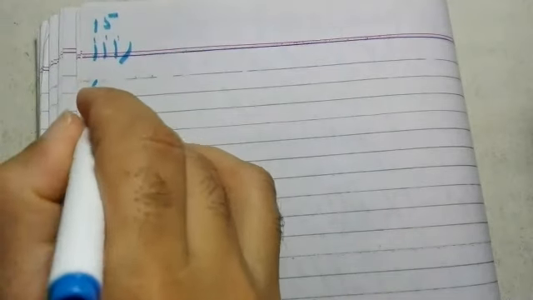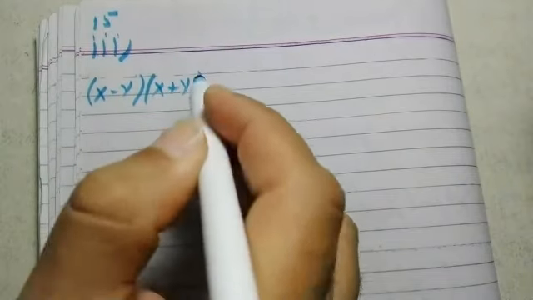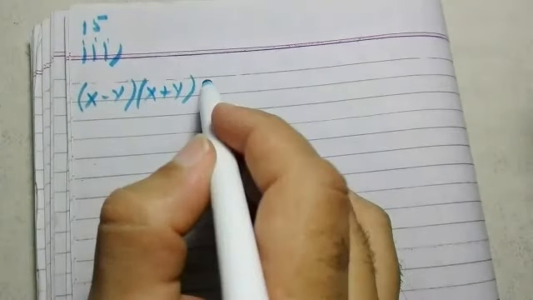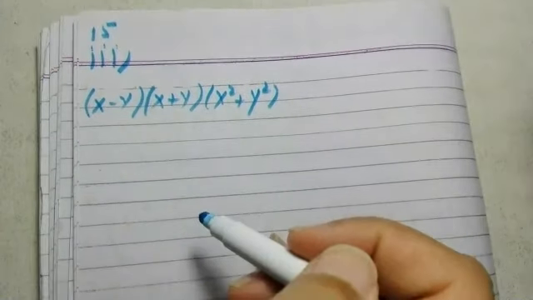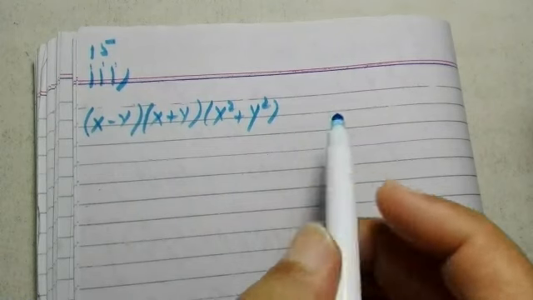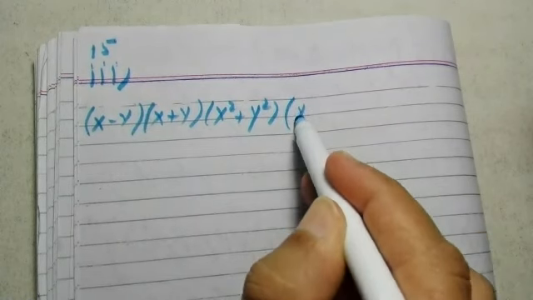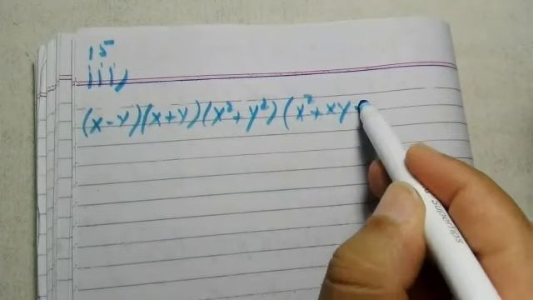So let me explain to you: x minus y, x plus y, x square plus y square, x square plus xy plus y square.